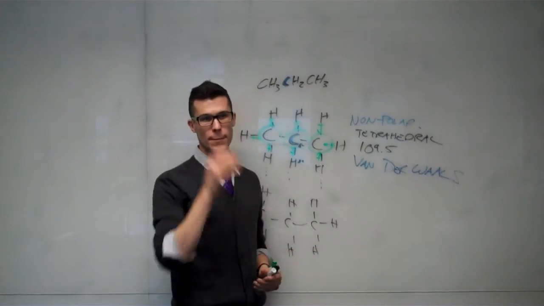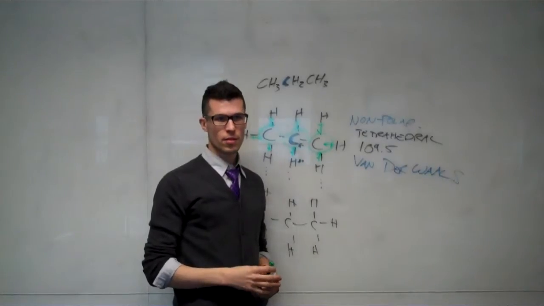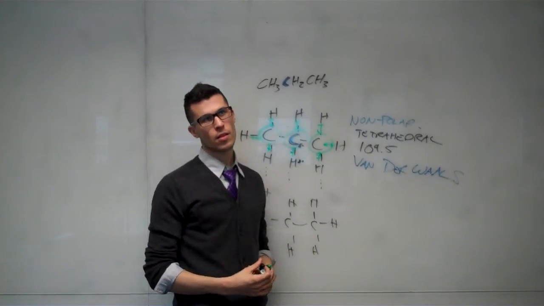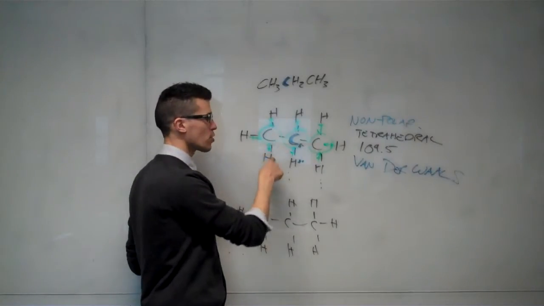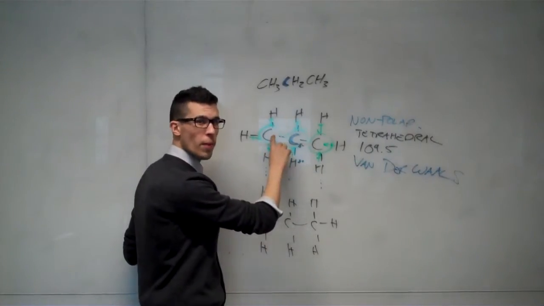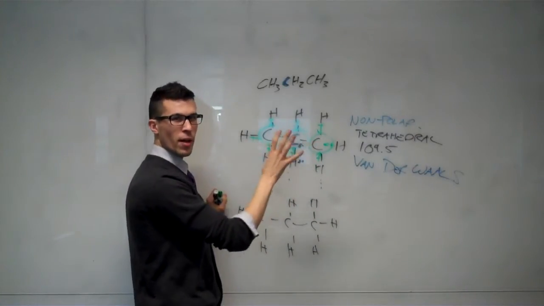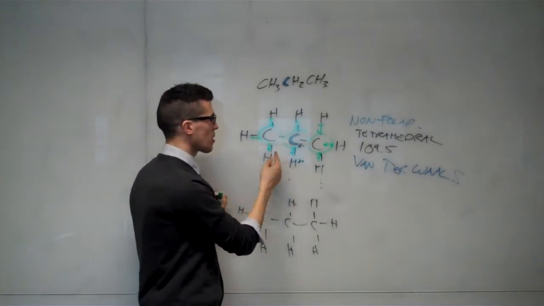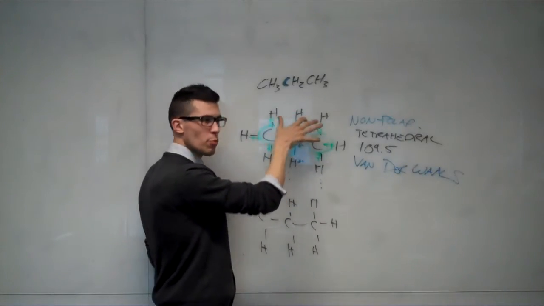For dipole-dipole attachment between two polar molecules, can't you consider hydrogen and carbon polar? You can consider carbon and hydrogen right here as a polar bond, right? But the whole molecule itself is not out of balance for its electrons. So that means the carbon's going to be slightly more negative than each one of these hydrogens.